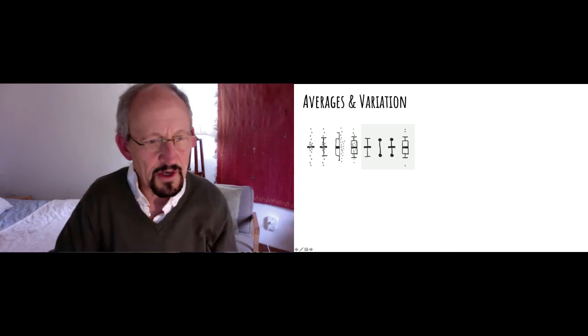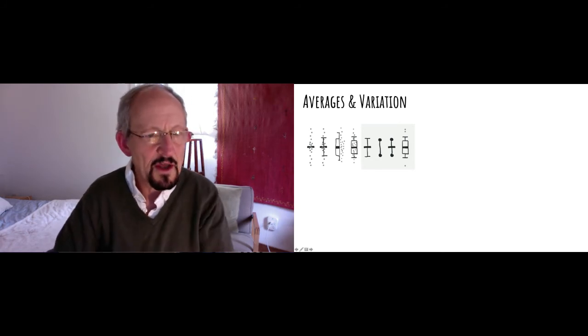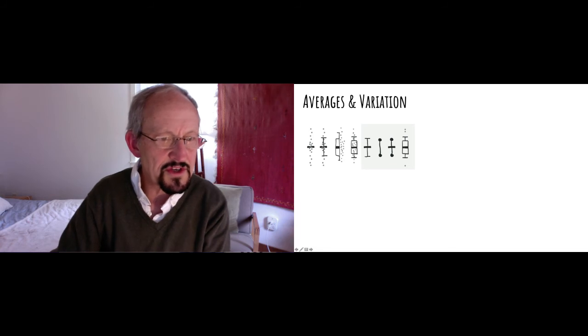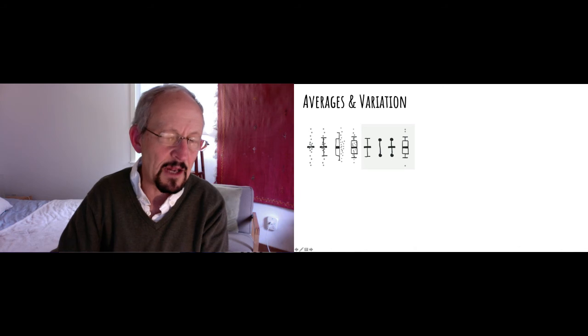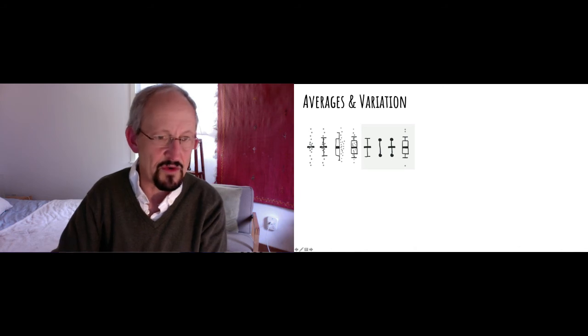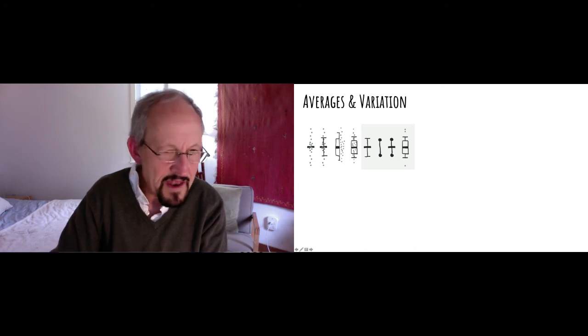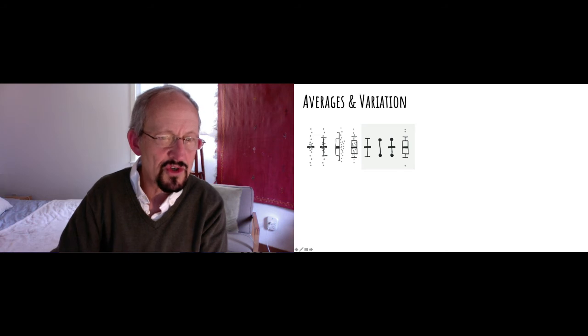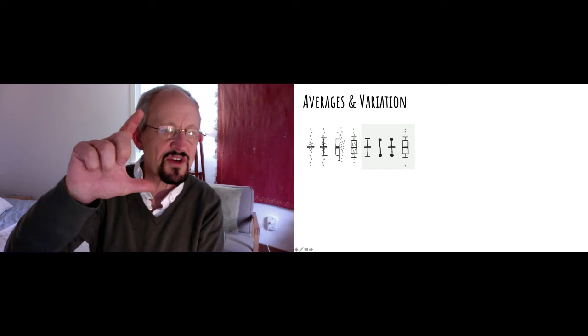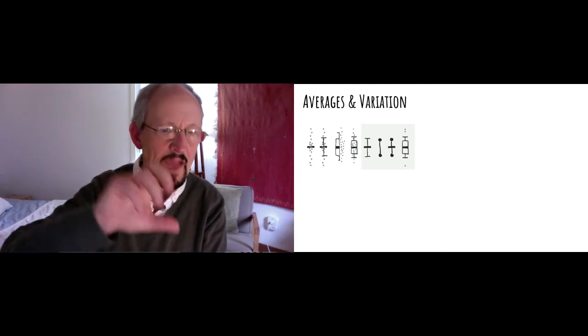So this little cartoon image here again shows a distribution of dots, the gray dots, and then the black line is the average of those dots. And then the next little image here shows the standard deviation, or the variation plus or minus around that mean.